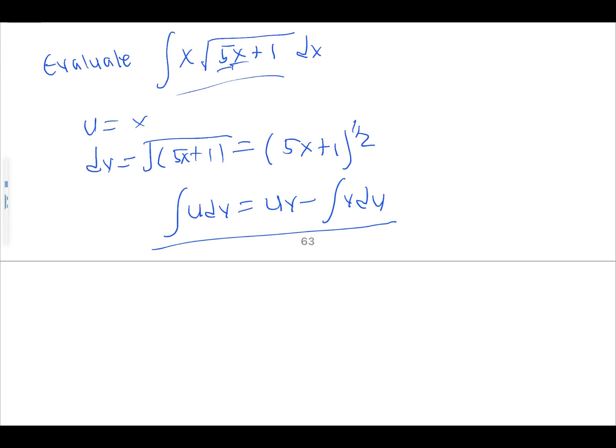This will give you a fair idea of what other components are needed to solve this question, because now you have our u and our dv. What other components are left?